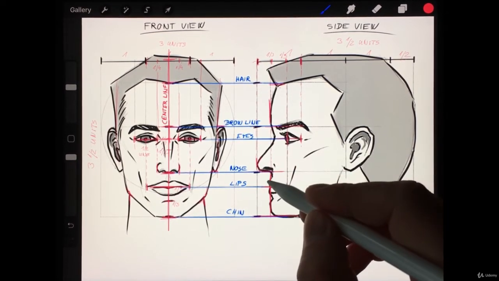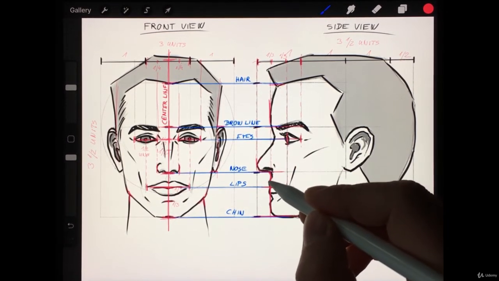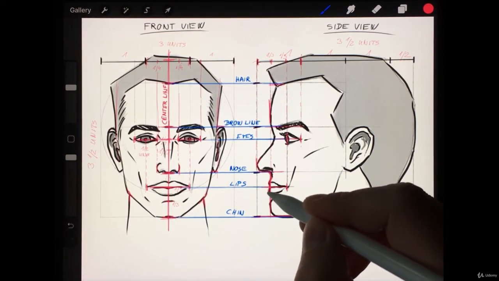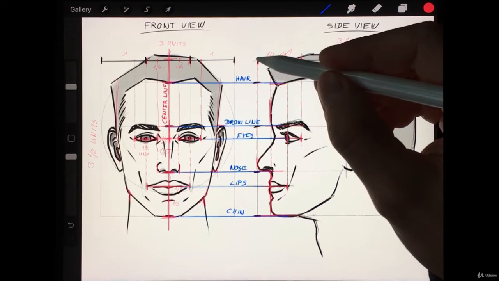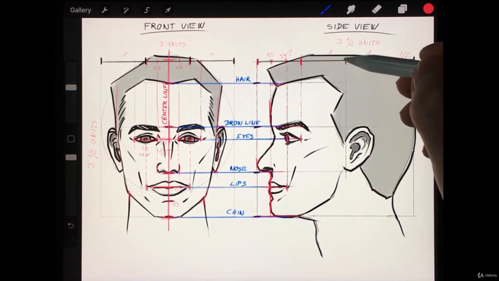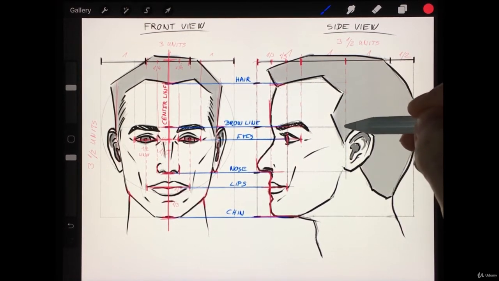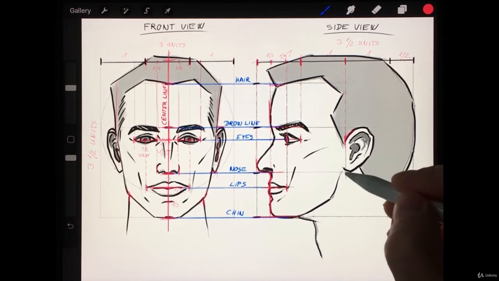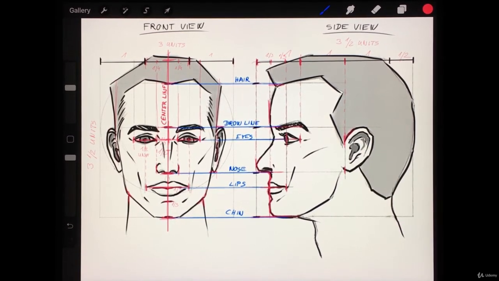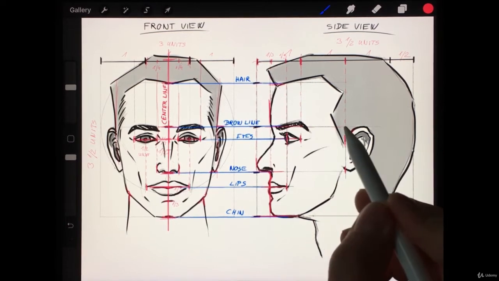Watch the orientation of these contour lines and try to memorize them. The ear will start at the second unit. And we already know its vertical position.